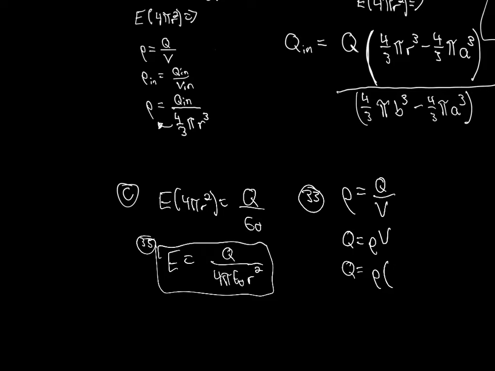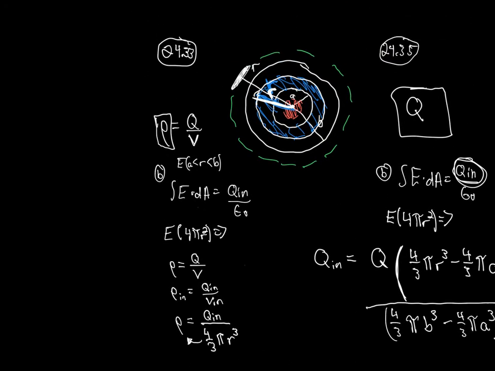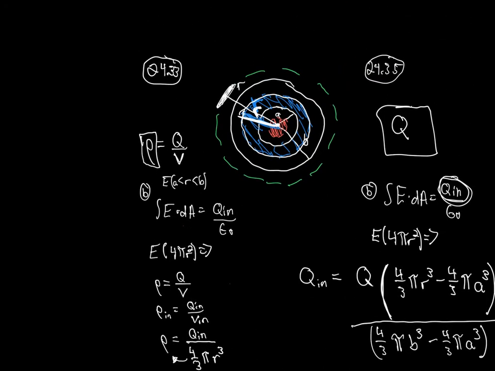What is the total volume? It's 4/3 pi b cubed, where the charge actually is, minus 4/3 pi little a cubed. So I'm just taking the volume where the charge is actually spread out.